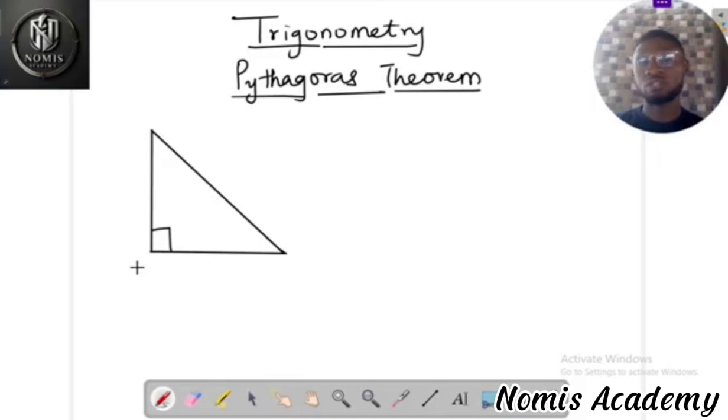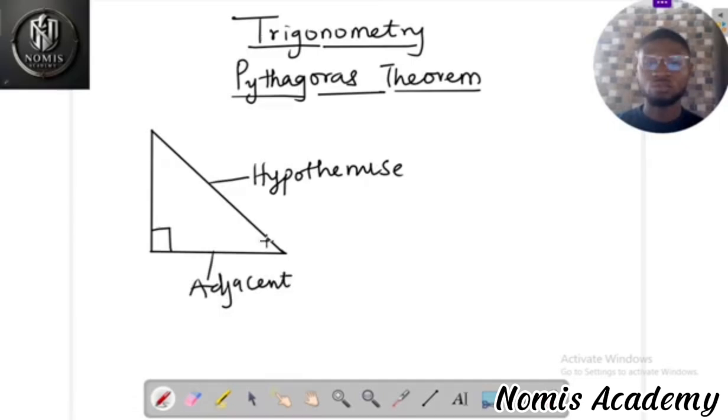So what are we talking about? The longest side of this triangle is what we call the hypotenuse. And this is the adjacent.